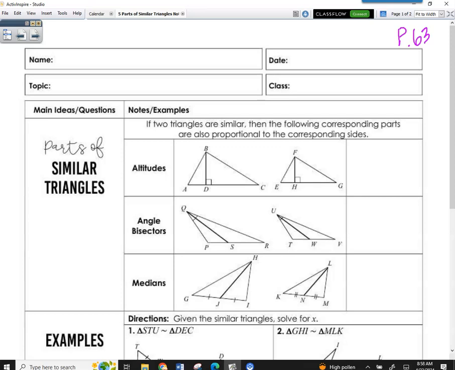That'll be tomorrow's lesson. Today, what I want to show you is that if you have two triangles, what do you notice? You notice the majority of these triangles are touching each other, like they share a side.